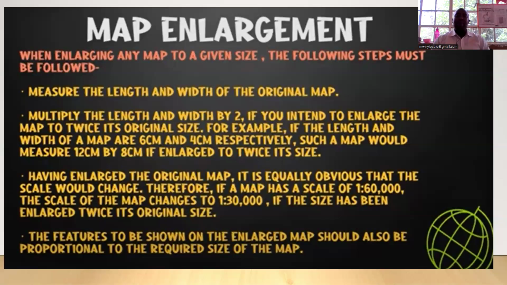Therefore, if a map has a scale of 1 to 60,000, the scale changes to 1 to 30,000 if the size has been enlarged to twice its original size. The features to be shown on the enlarged map should also be proportional to the required size of the map.